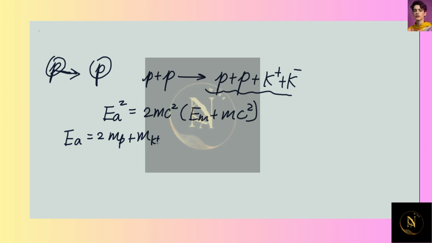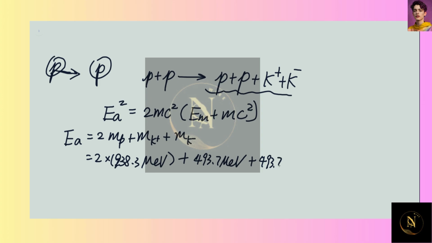So the available energy will be at least 2 times the proton mass plus 1 times K plus plus 1 times K minus. The proton has a mass of 938.3 MeV, K plus has 493.7 MeV, and K minus is also 493.7 MeV. So this is a total of 2864 MeV.